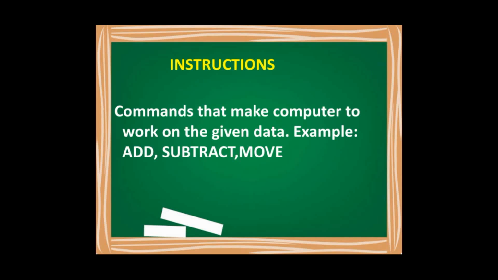So just now we understood that data alone does not have any meaning. So, in order to make the data meaningful, we have to give the computer certain instructions. We have to tell the computer what needs to be done with this data. How will we do it? By giving the computer certain commands.